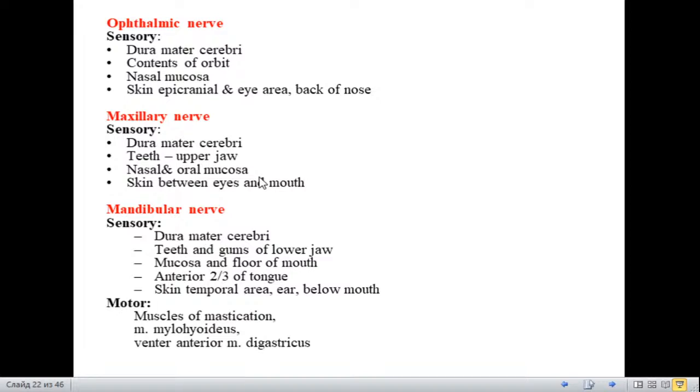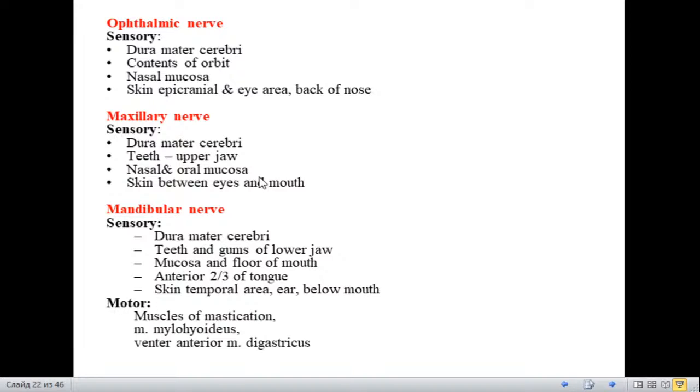Actually, before exiting the cranial cavity, branches of the trigeminal nerve give rise to a meningeal branch supplying the meninges of the brain, especially the dura mater.